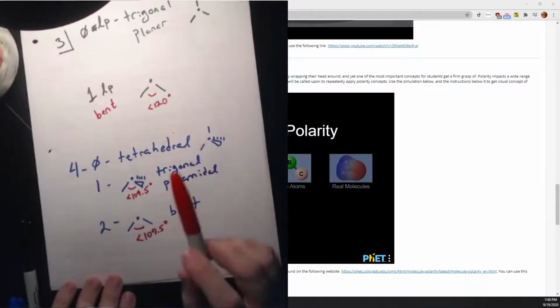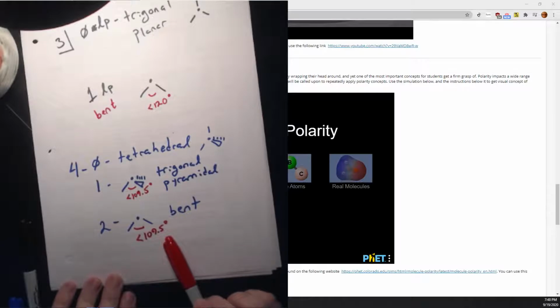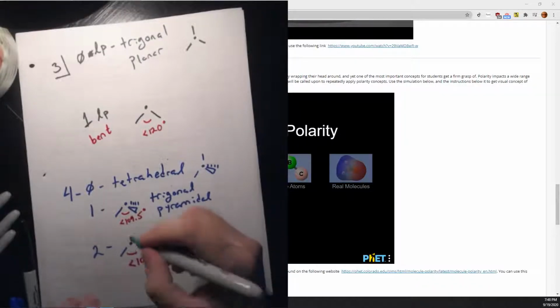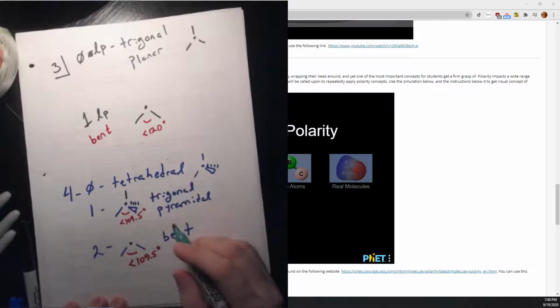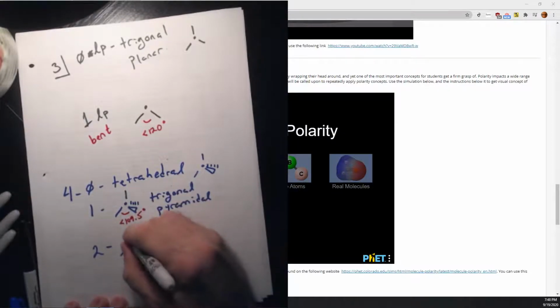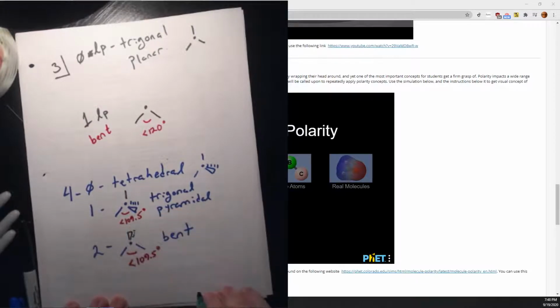This has 120 degrees. This is 109.5. So if I were to include the invisible domains, then you would have 1 electron domain up top like that, making its presence felt, pushing down. And here you would have 2 electron domains up top, pushing down, making their presence felt.